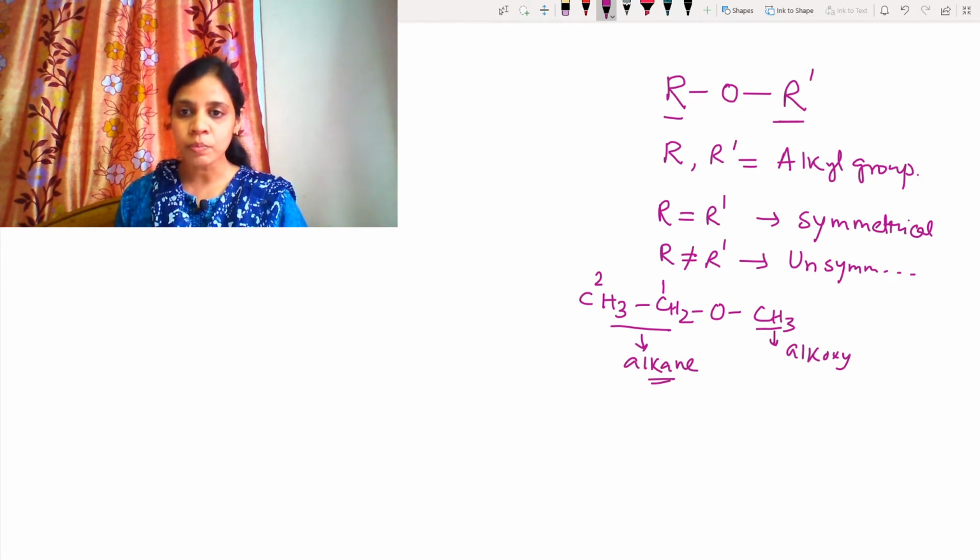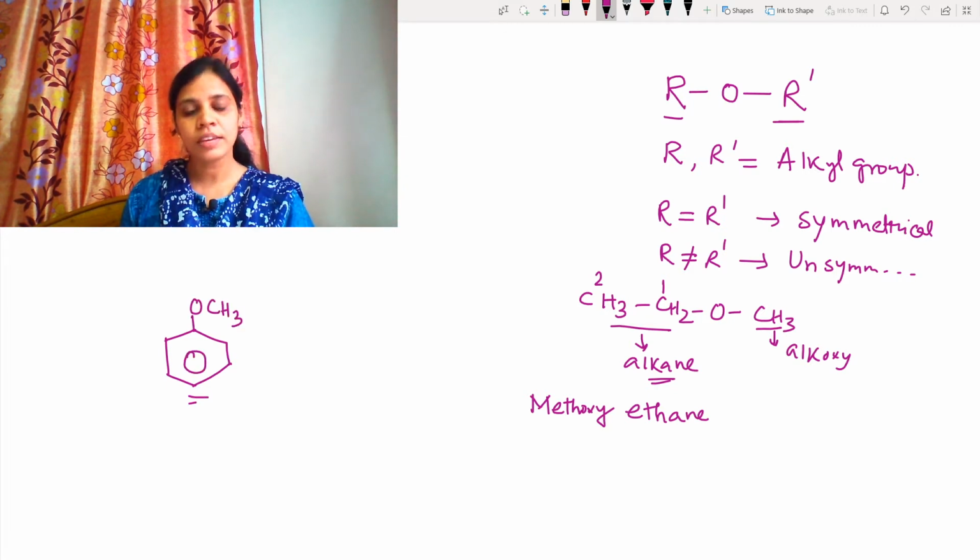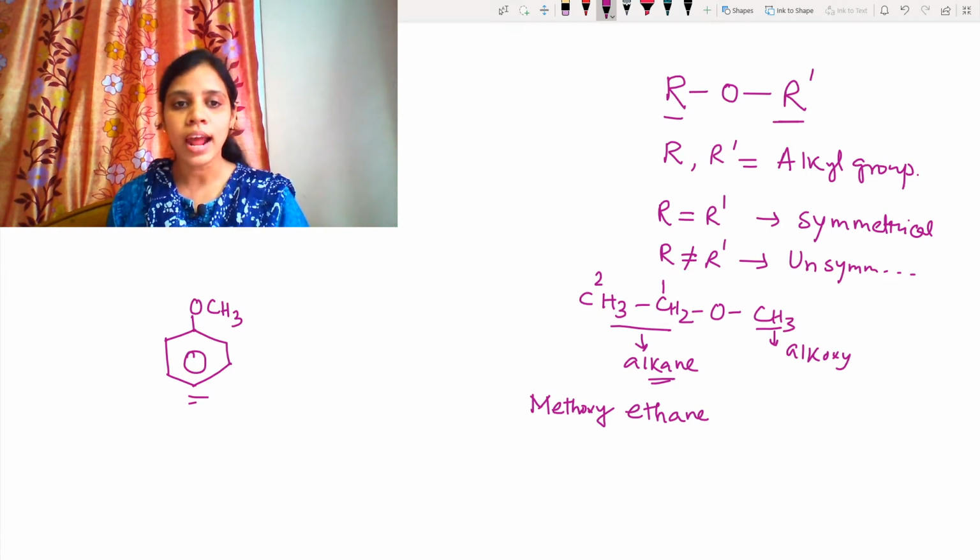So its IUPAC name is methoxyethane. Similarly, if I take this one, what type of ether is this? This is an aromatic ether because here one aromatic ring is attached to the oxygen atom.